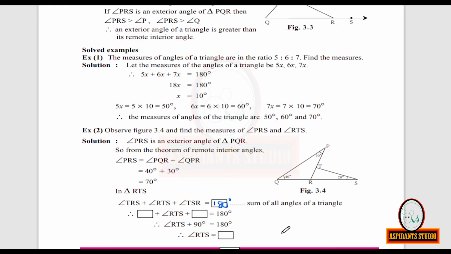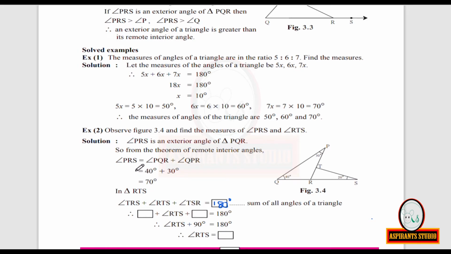Now, look at the next step. Measure of angle TRS is not given in the figure, but that is otherwise measure of angle PRS, which we have found out. Look at this statement: measure of angle PRS is equal to 70 degrees.